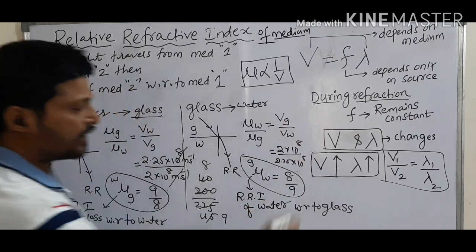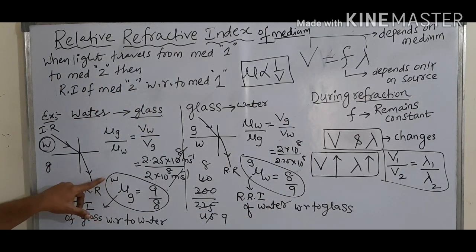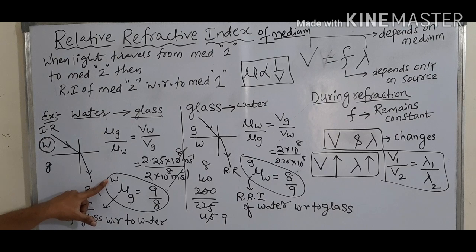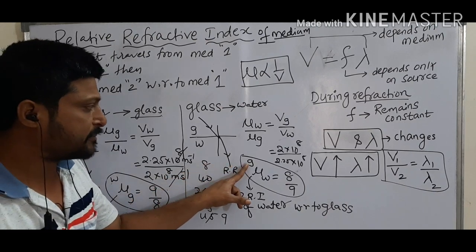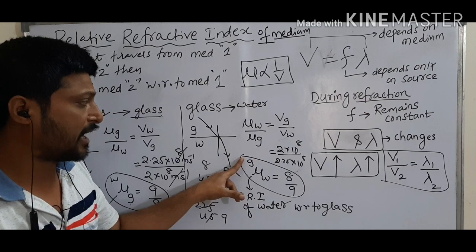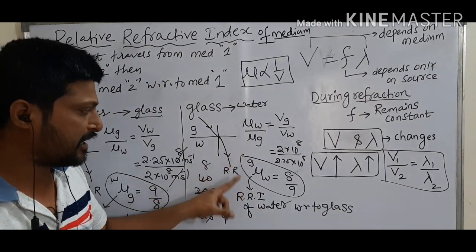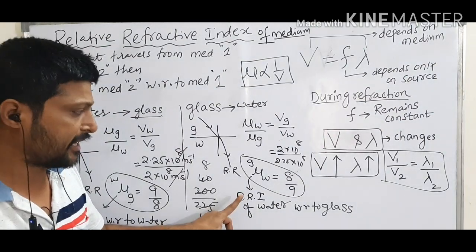Earlier, light was coming from water, so that was with respect to water. That's why this is the relative refractive index. Here it is with respect to glass, so bending of light in water with respect to glass means the light ray is coming from glass.